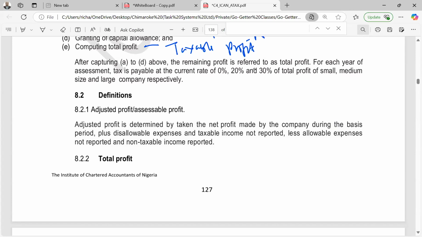And so whatever net profit has been gotten has now been adjusted. So it means that the financial accountant's net profit is different from the tax account. So it takes that net profit and adjusts it to suit the taxman's use. So that becomes adjusted profit. And it ends there. Now, it is called adjusted profit.